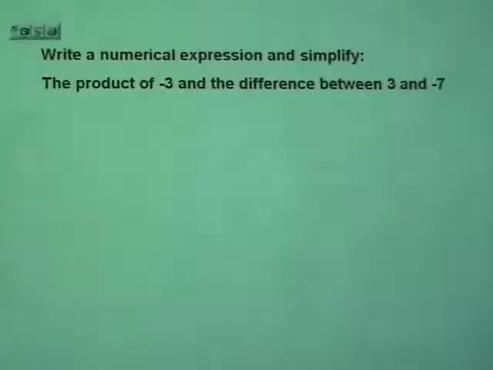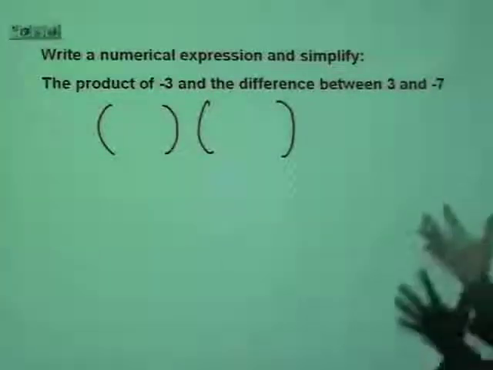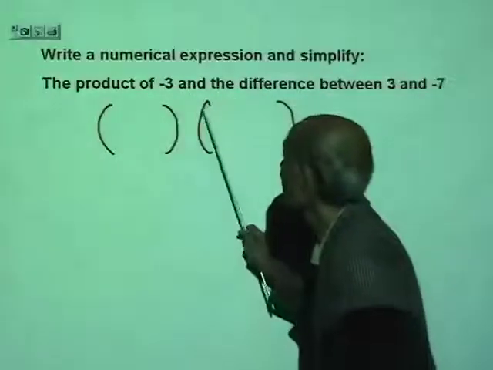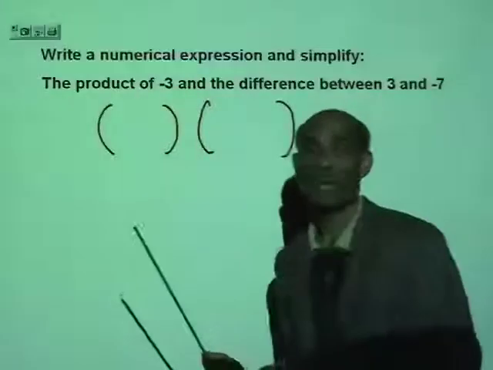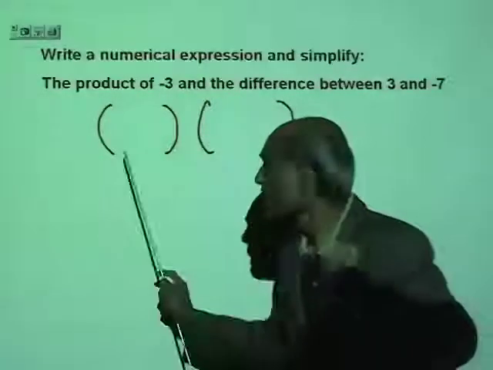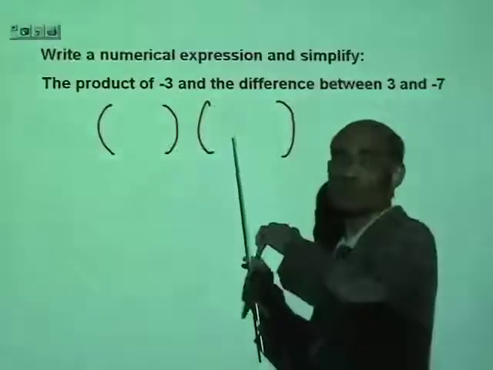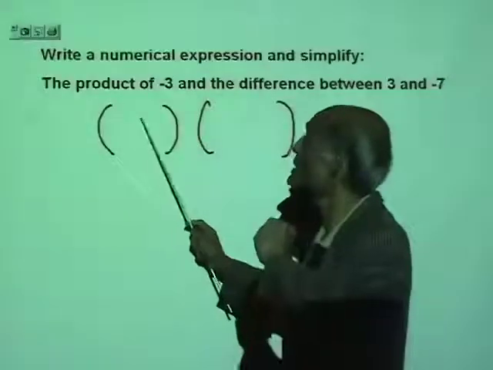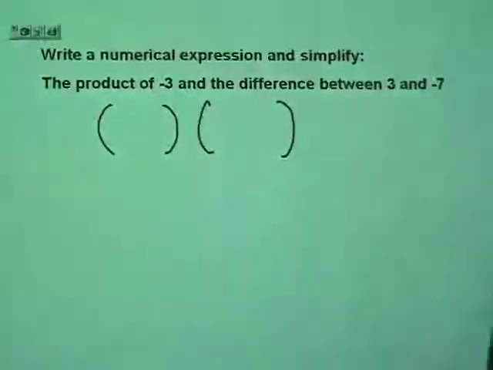You say, I need to find the product of the two quantities. So use these parentheses to indicate your first quantity, then the second quantity. Now, you want to find the product of what and what? Product of -3, so your -3 will be in the first number. So write -3 there.